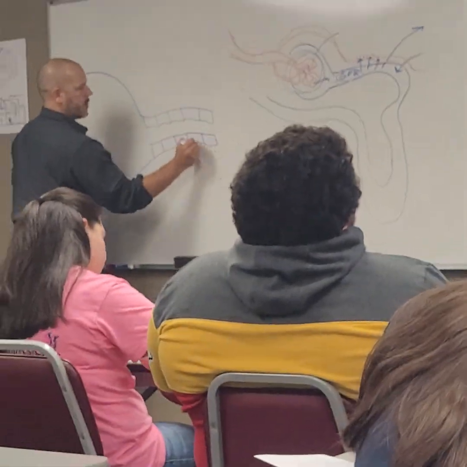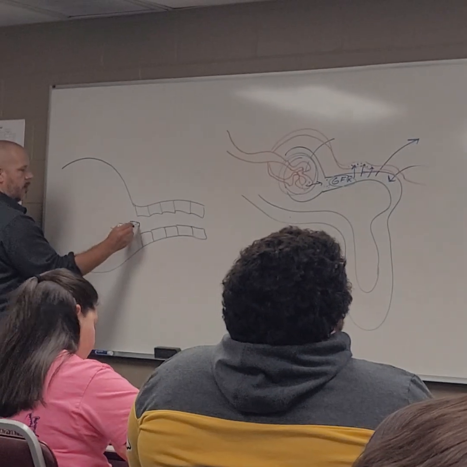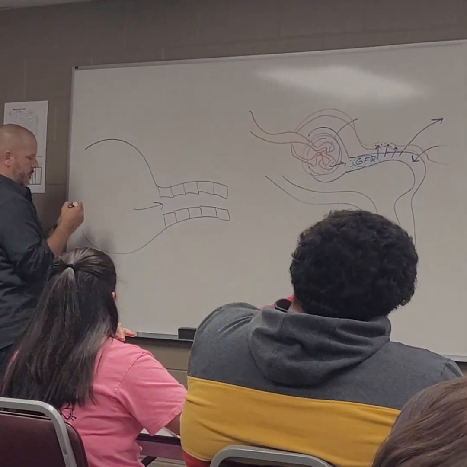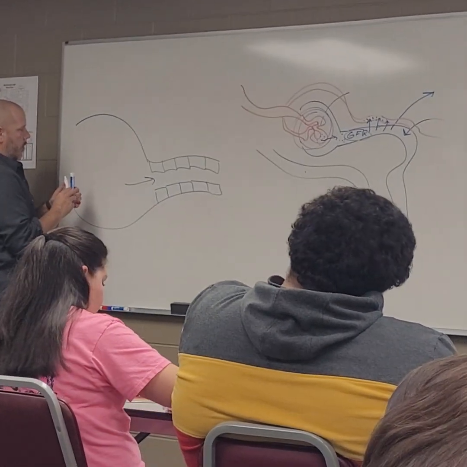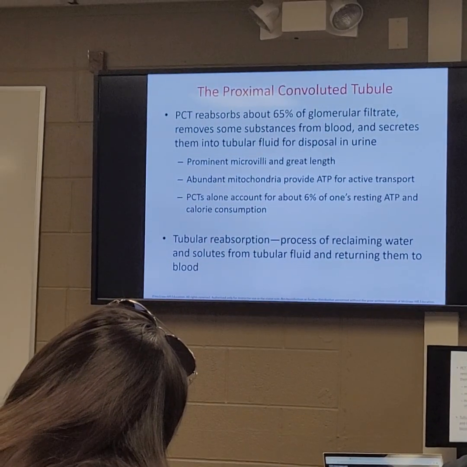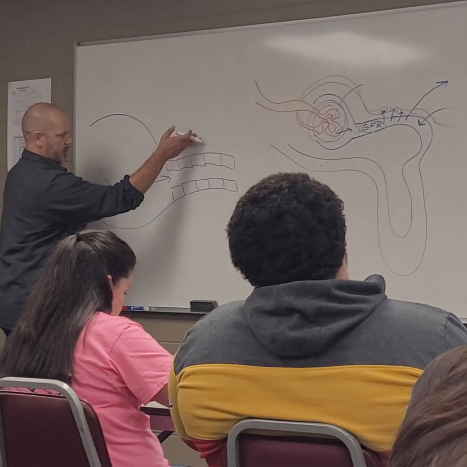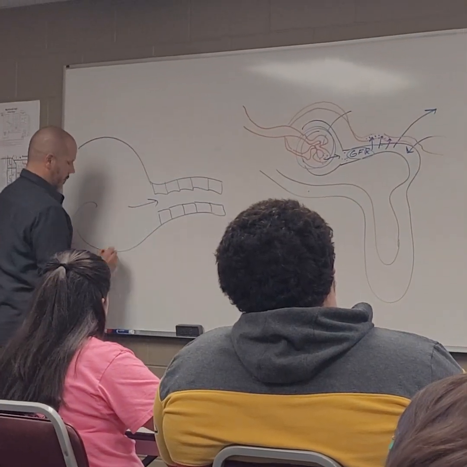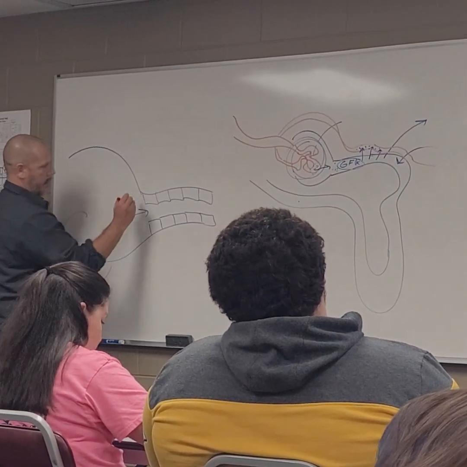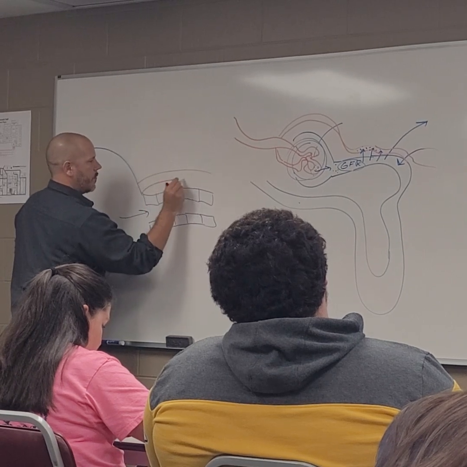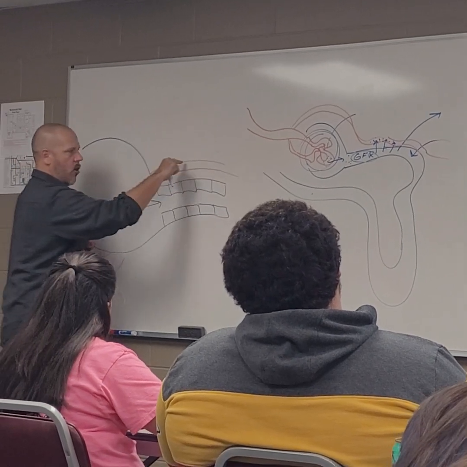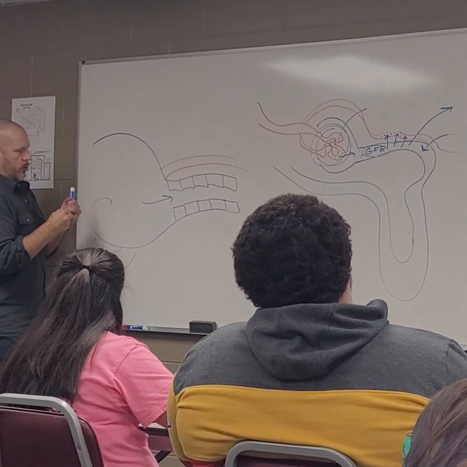And let's say that my little boxes here represent the cells that my PCT is made out of. And now we know that the efferent arteriole, once it leaves, it doesn't matter which side, I guess I drew it on top before, so I'll draw it up there again. The efferent arteriole runs now along the proximal convoluted tube.